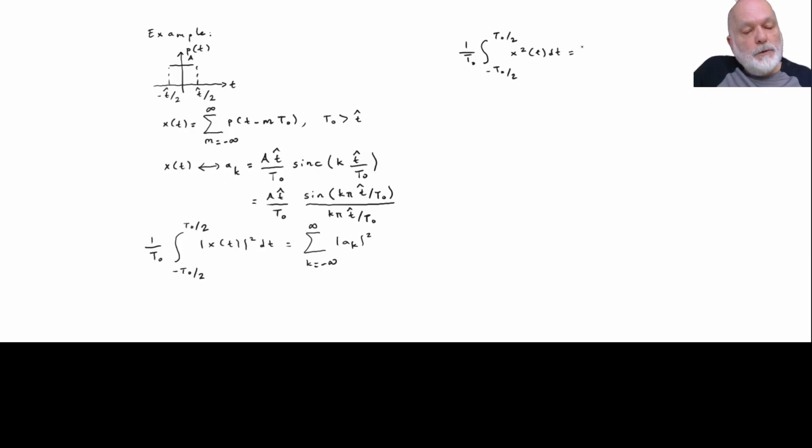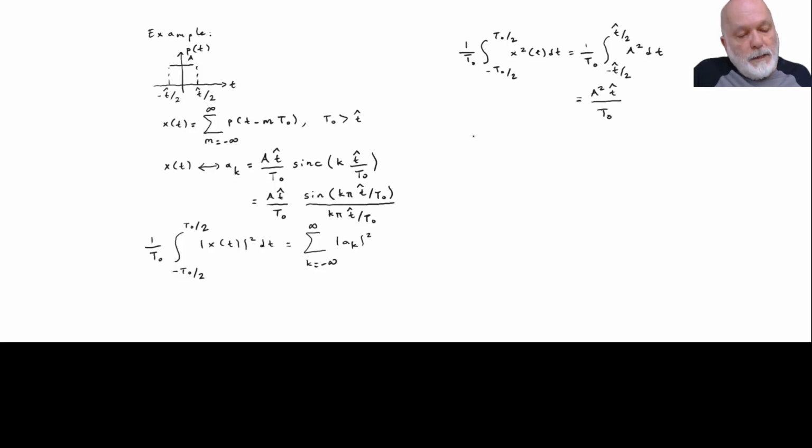It is equal to 1 over T0, and the integrand is non-zero only from minus t cap over 2 to t cap over 2, where it is equal to A squared. Okay, therefore this will be equal to A squared t cap over T0.